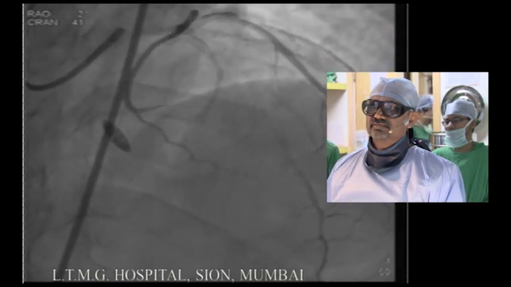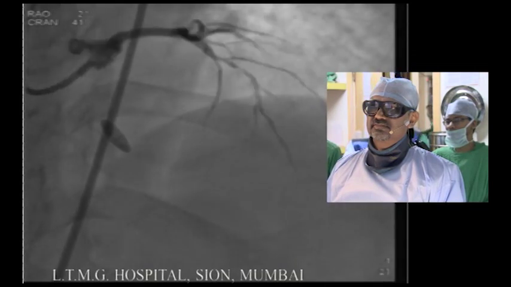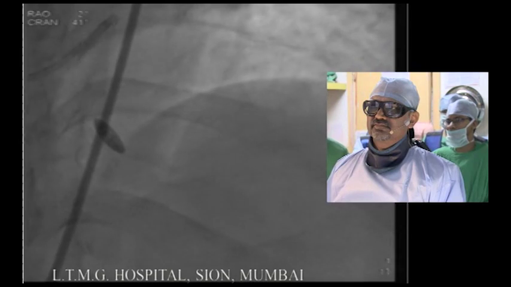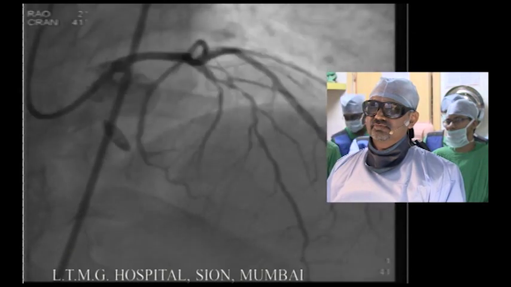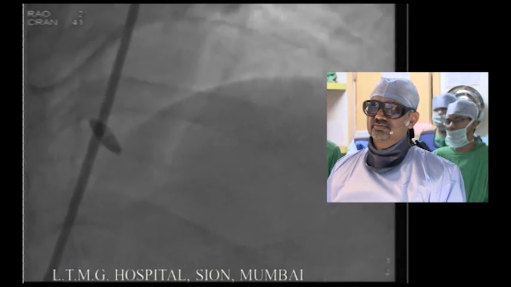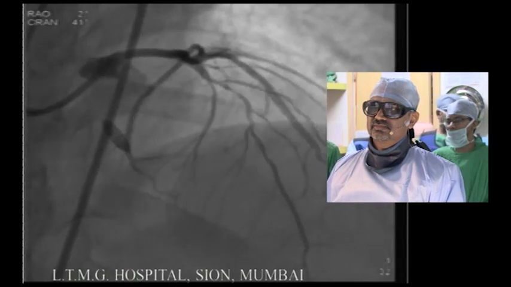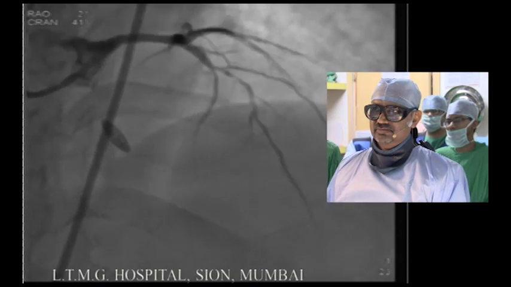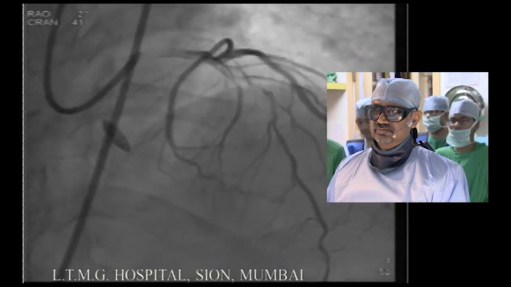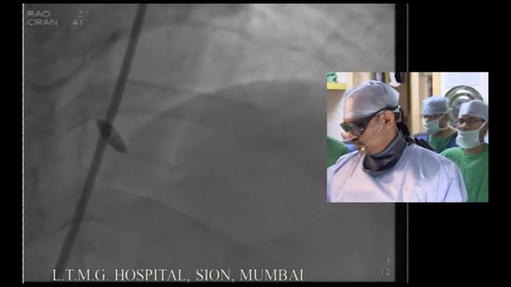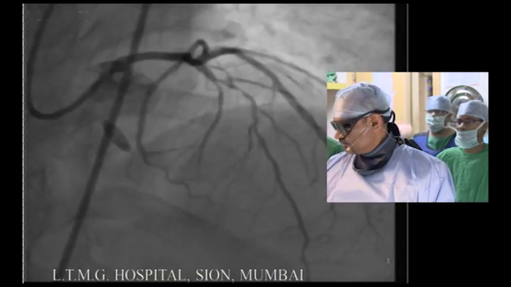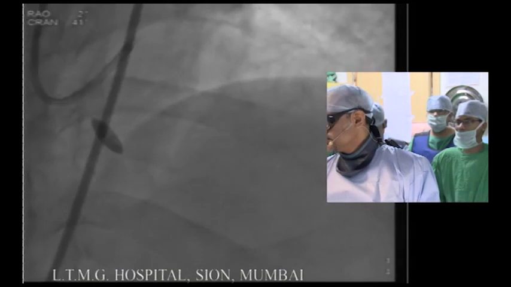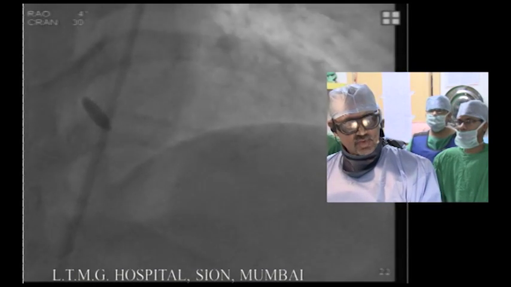So the concern here is that the lesion is tight, though not highly complex, and the length is long. The vessel is smaller distally, and it is also underfilled. So you have to predilate and do IVUS to get the dimensions of the vessel. IVUS will also tell you whether you need debulking, and I think that would be my take.